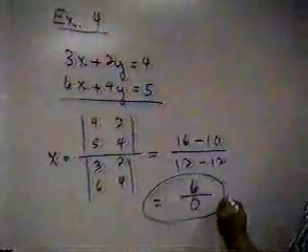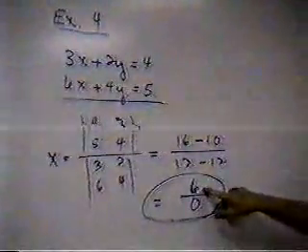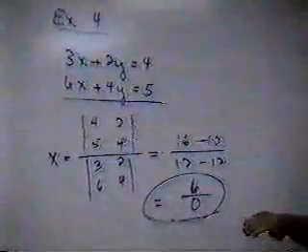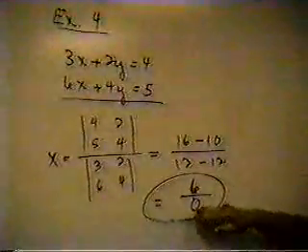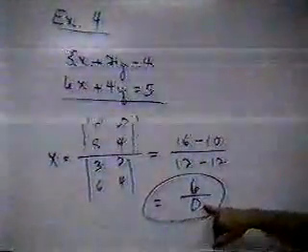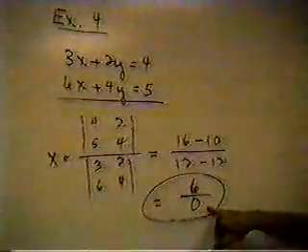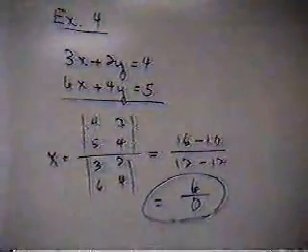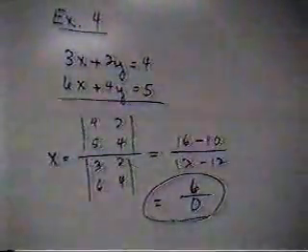This is where you get to stop. If you ever get a non-zero number divided by 0, then it's a no solution. Right then, you get to stop. Cramer's rule, you don't have to look for the other letter. Okay, this concludes the tape on solving systems of equations working with 2 by 2s.